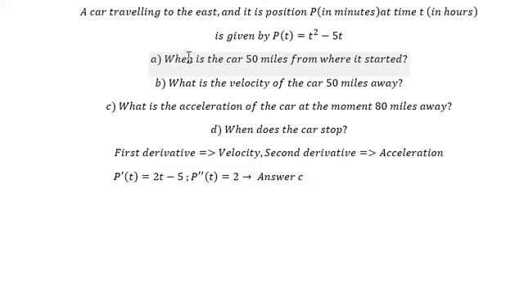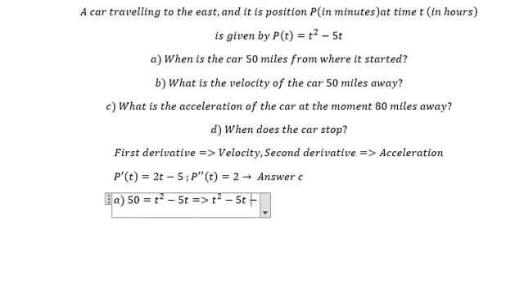The next one: when is the car 50 miles from where it started? So we put 50 miles in p(t), so we can find the time. So we have t squared minus 5t minus 50 equals 0, and we can find the answer.